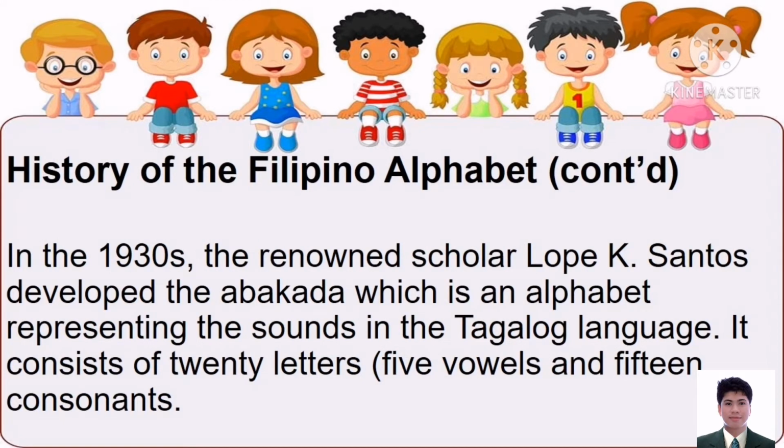Next, in the 1930s, the renowned scholar Lope K. Santos developed the abakada, an alphabet representing the sounds in the Tagalog language. It consists of 20 letters, 5 vowels, and 15 consonants.